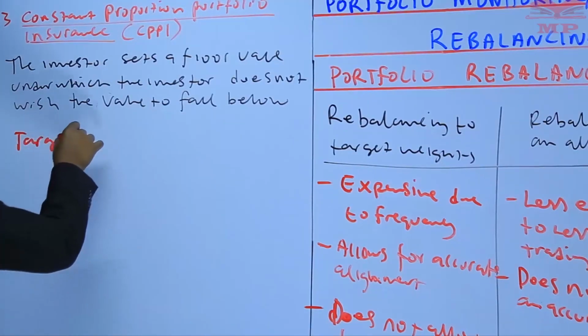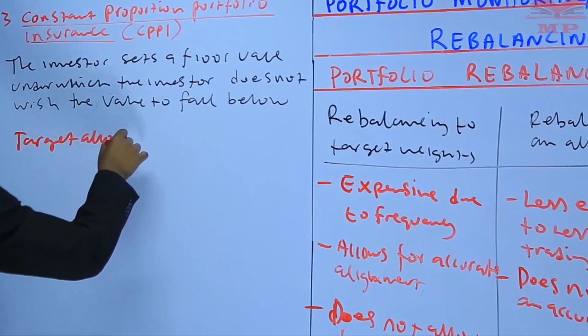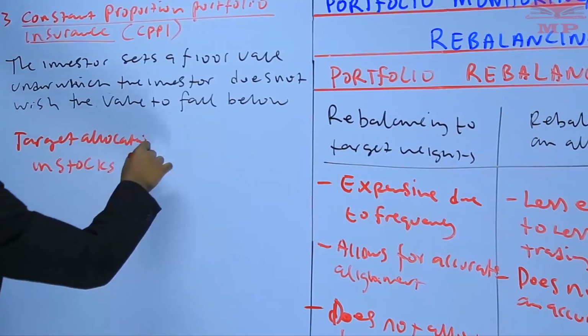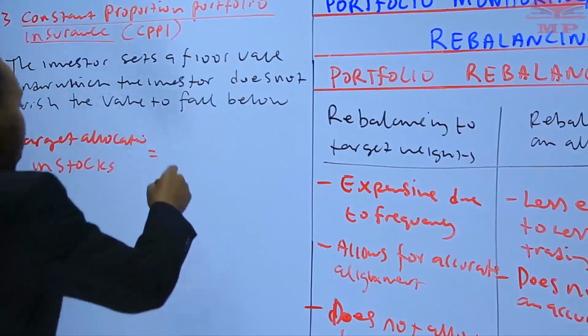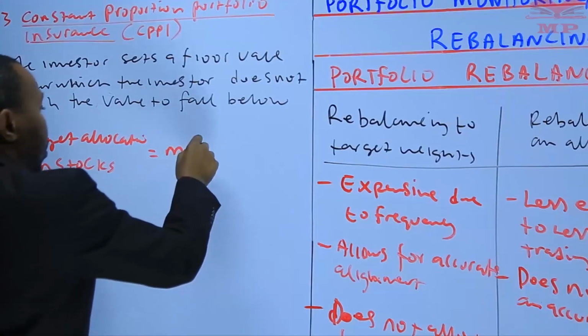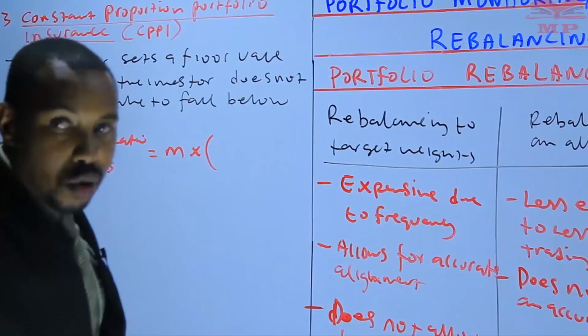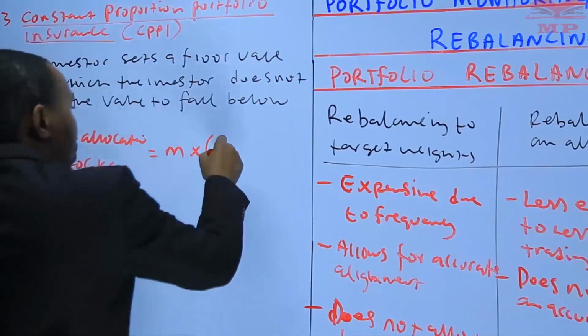Target allocation in stocks is given as M times, open the brackets, the portfolio value minus the floor value.